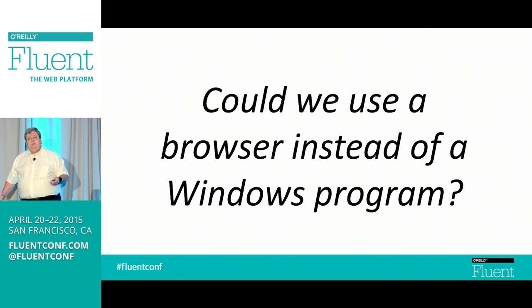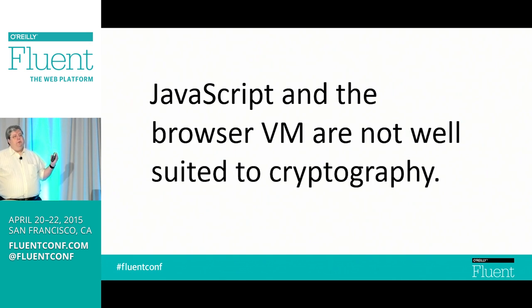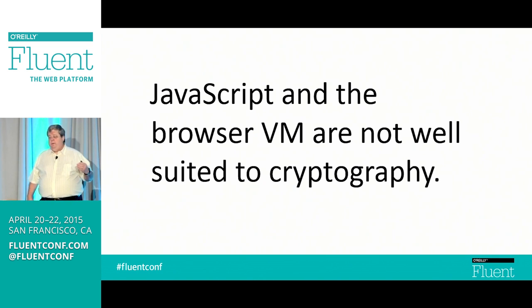But there were problems. The browser wasn't too capable at first, but now a browser can do everything that we need for the bidding client with one exception. It couldn't do cryptography. And the reason is that JavaScript and the browser VM are really not very well suited to doing cryptography. It's a sandbox that doesn't have a lot of entropy, so you have a problem getting good random numbers, which a lot of cryptographic algorithms need.